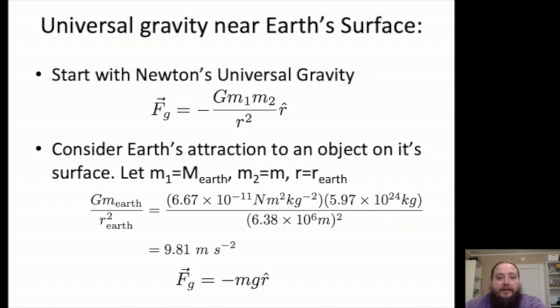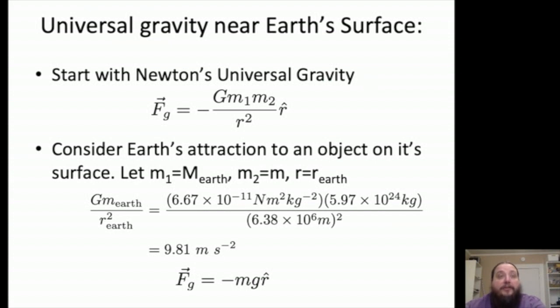Galileo's force law. So if we take 6.67 times 10 to the minus 11 as the constant capital G, and multiply by the mass of the Earth, which is 5.97 times 10 to the 24 kilograms, divide by the square of the radius of the Earth, what you get is a constant that is 9.81 meters per second squared.